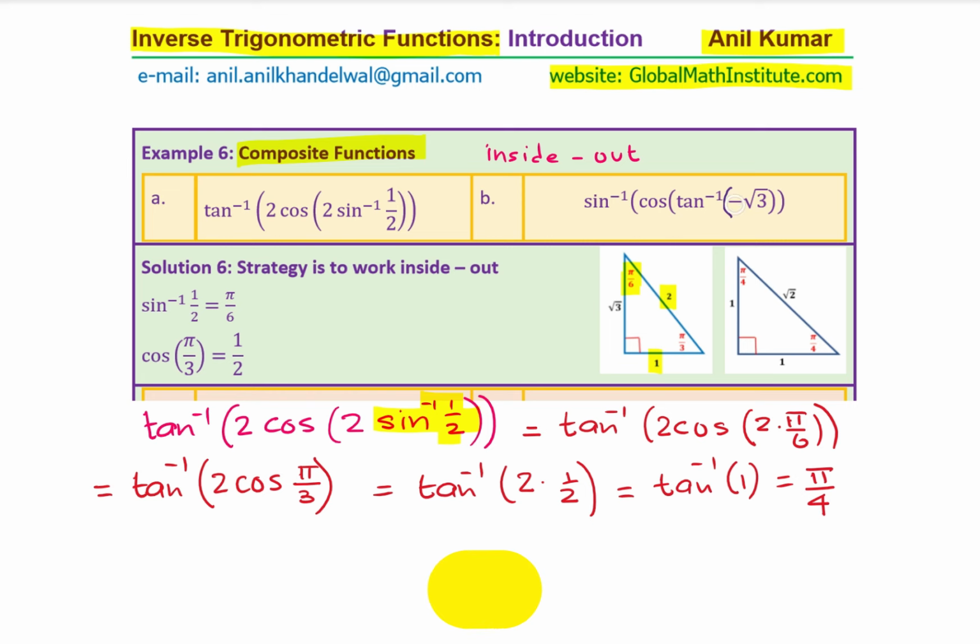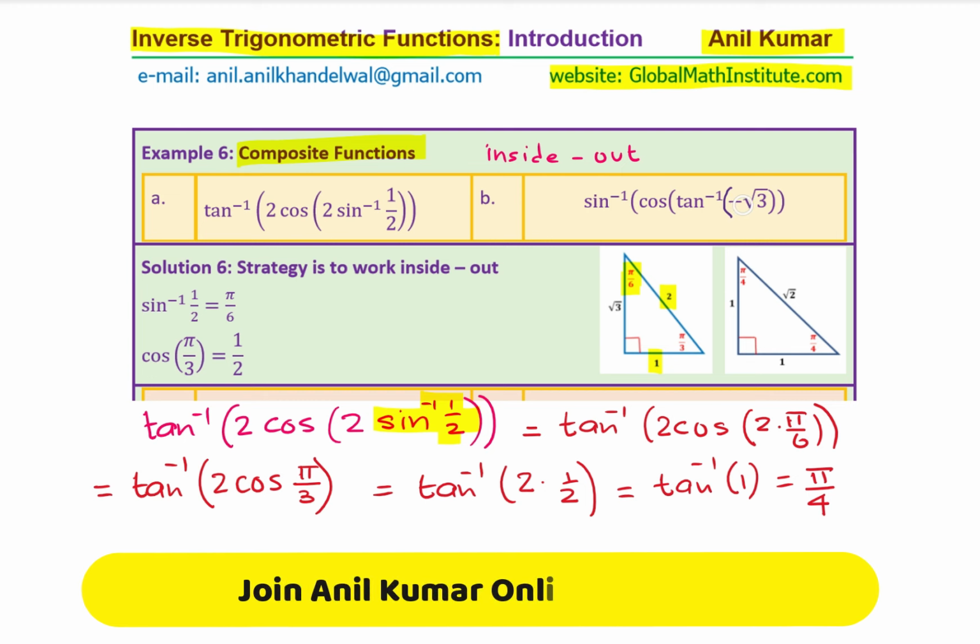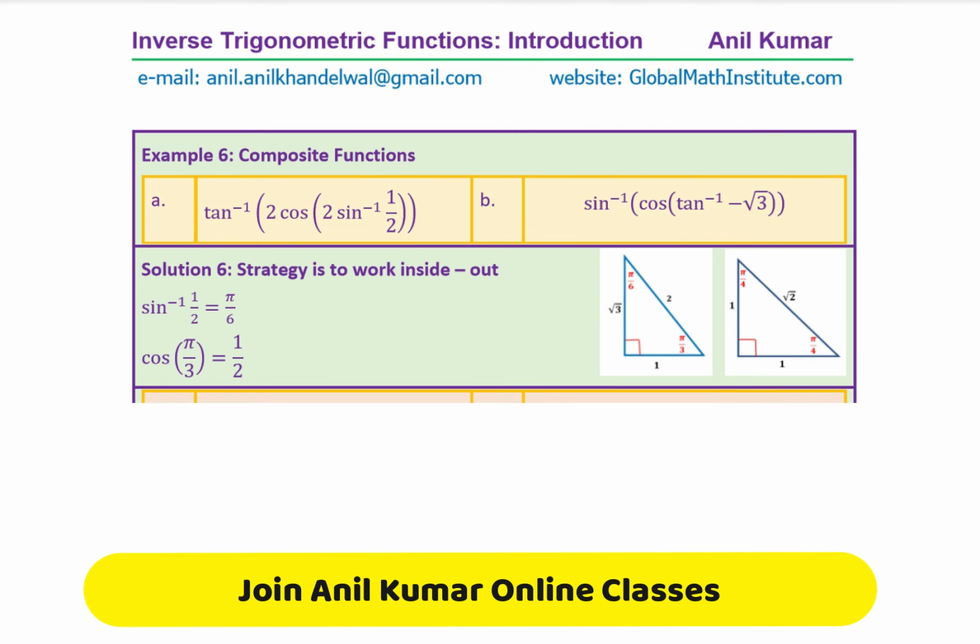Now let's do the next one, where we are talking about an angle related to minus pi by 3. So let's take up the second example, which is sine inverse of cos of tan inverse of minus square root 3, correct?